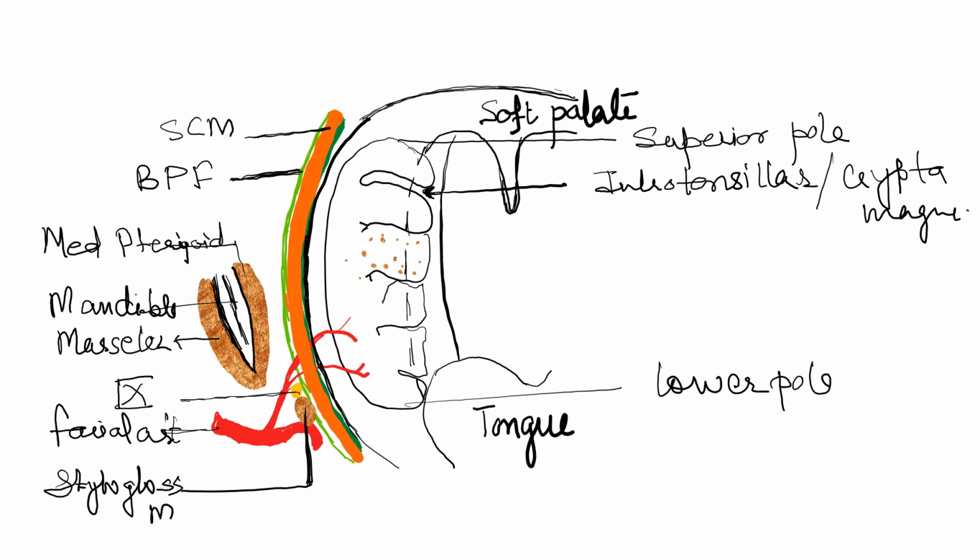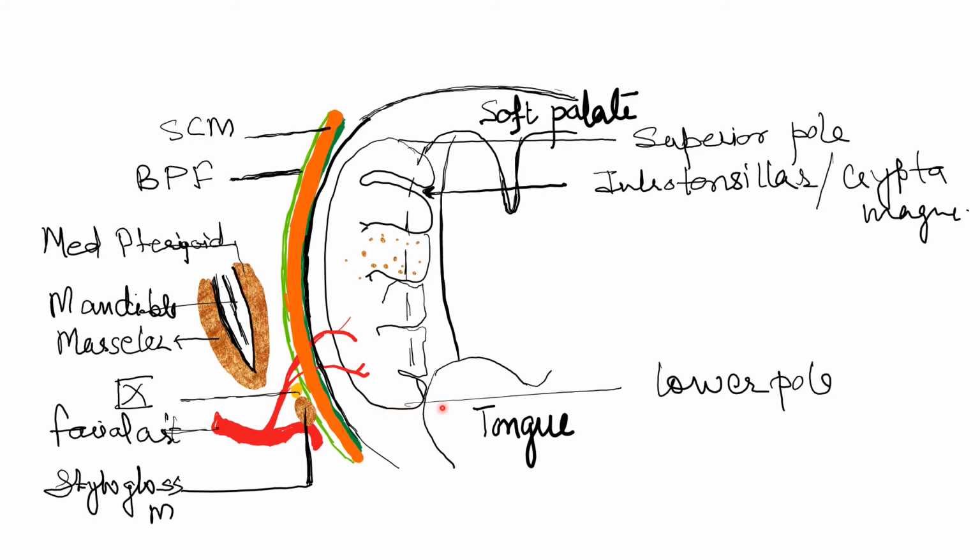Okay, so the relations are very clear. From the superior pole, it is related to the soft palate, the meeting point of two arches. This is the palatopharyngeal, and this dotted one is the palatoglossal arch, and this is the tonsillar fossa in which the tonsil is present.